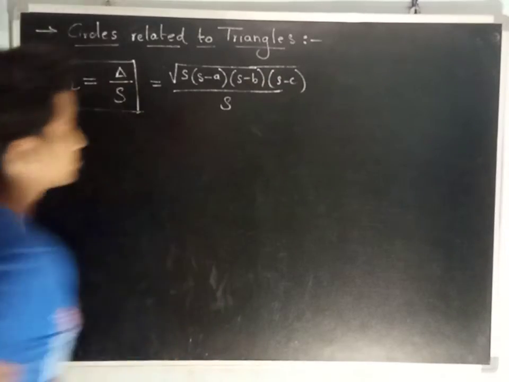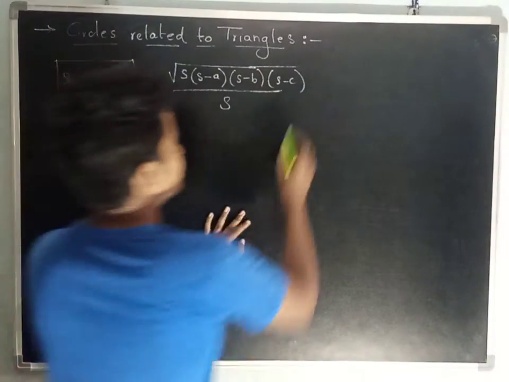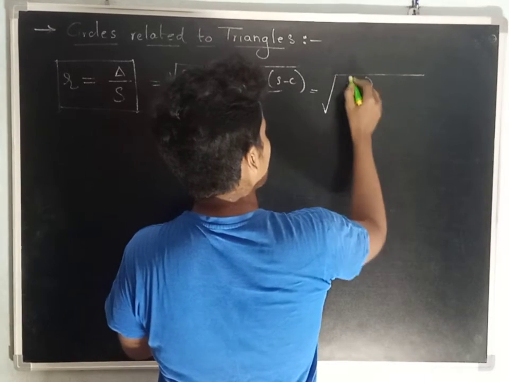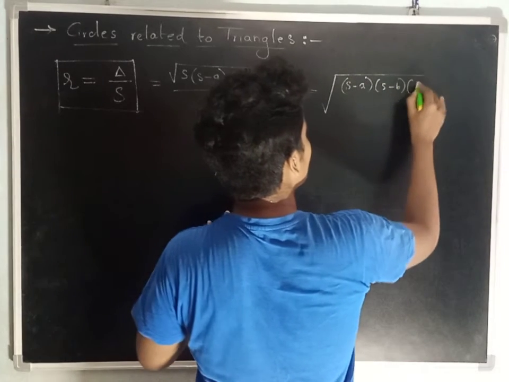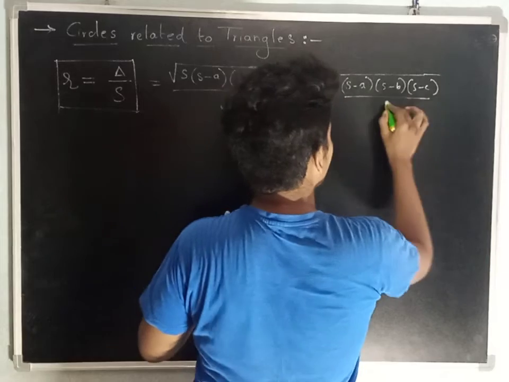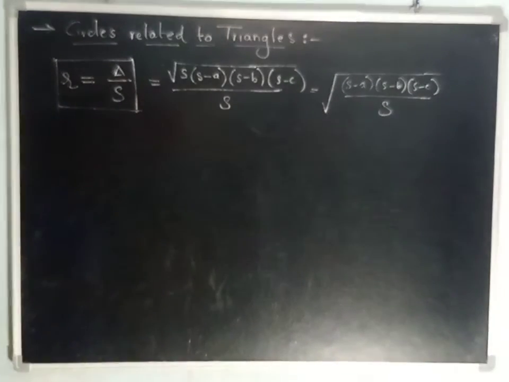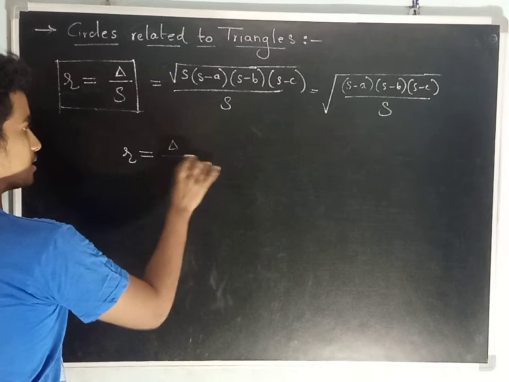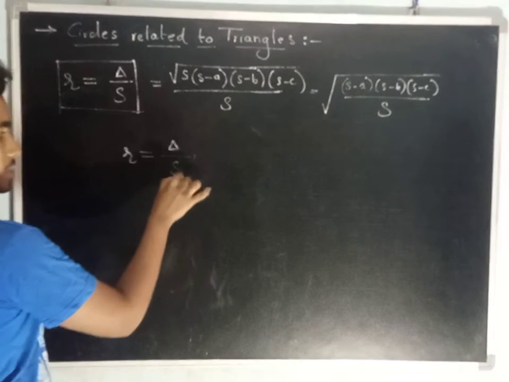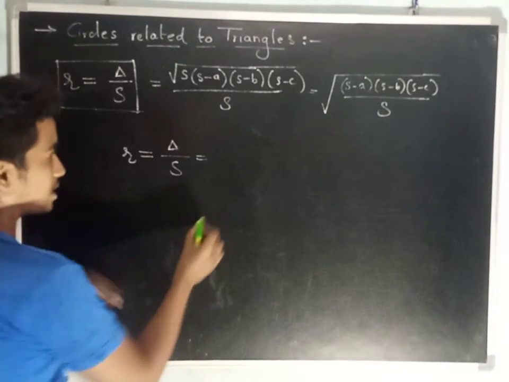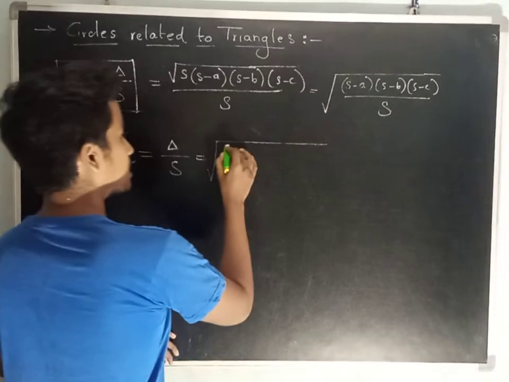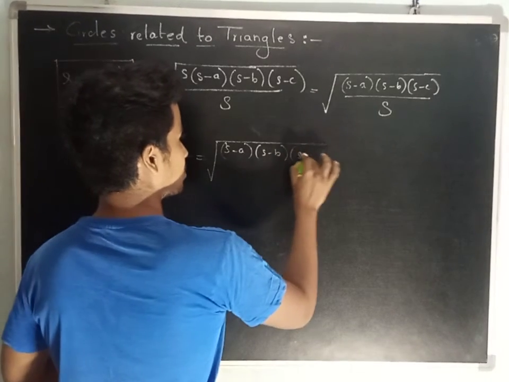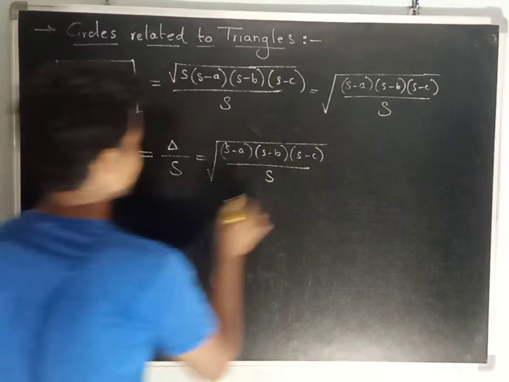So r = delta by s, which can also be written as root of (s minus a)(s minus b)(s minus c) by s. It means the radius of the incircle is the area of the triangle divided by the semiperimeter.